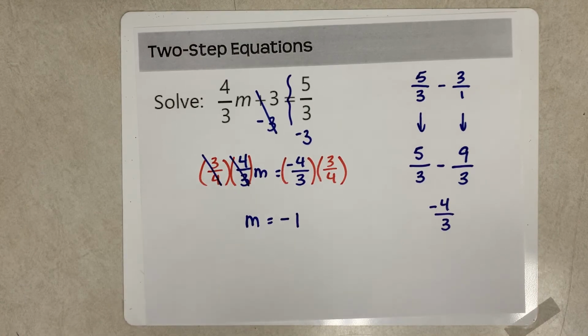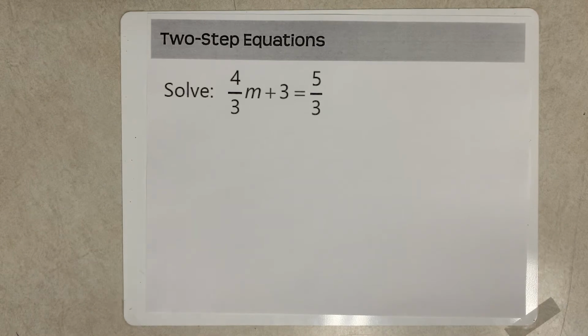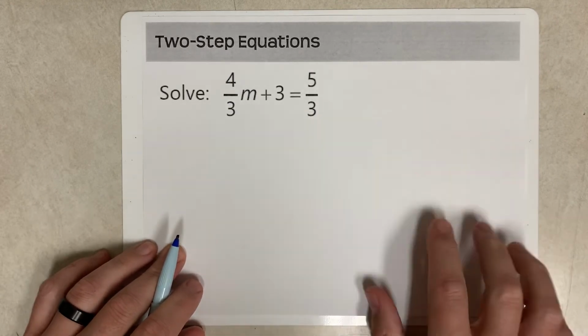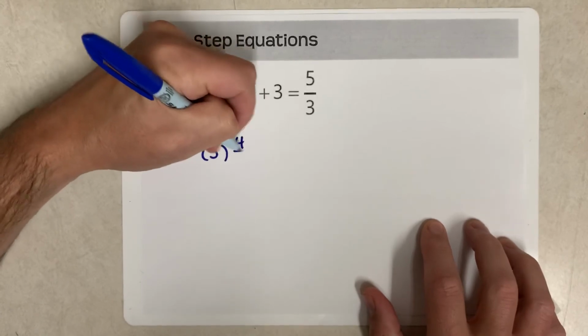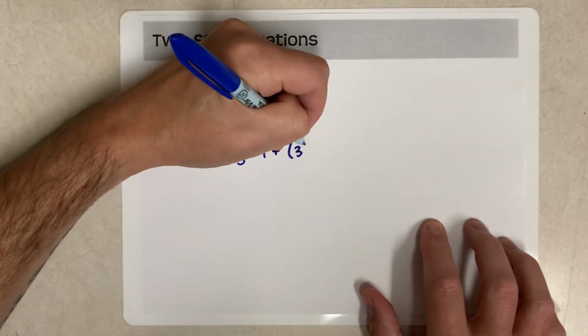So now we're going to work this one the other way, and hopefully we'll get negative 1 when we get done. Let's see if we do. All right, let's clear out fractions. We have a 3 and a 3, so we're going to multiply everything by 3. So here we go: 3 times 4/3 m plus 3 times 3.